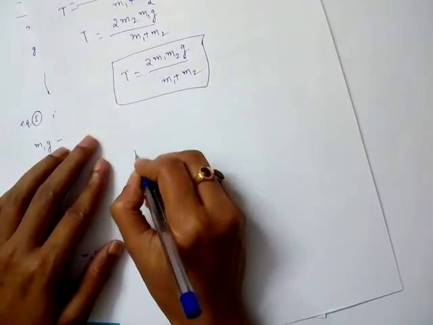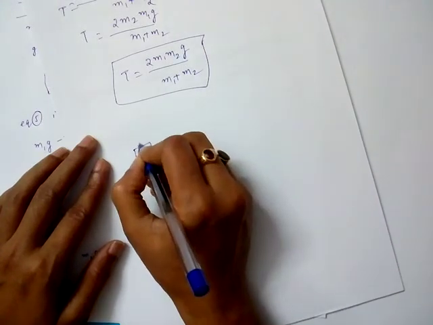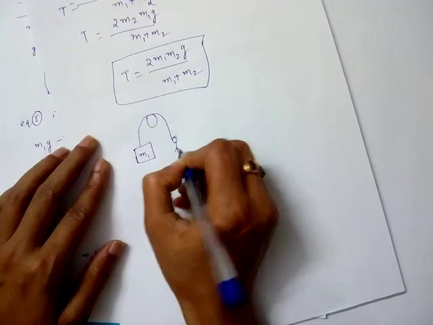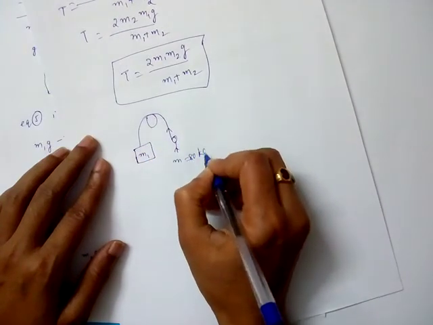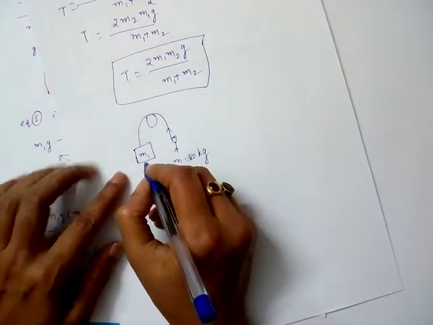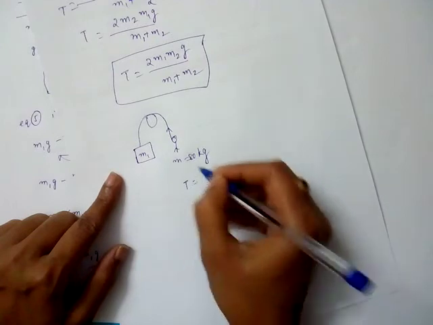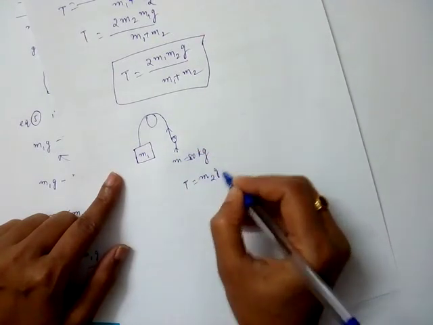So you have a mass like this, and there is a pulley. If a person is pulling this pulley of mass 80 kg, how much mass he can pull, they have asked. So the tension will be equal to mass of this man into gravity.